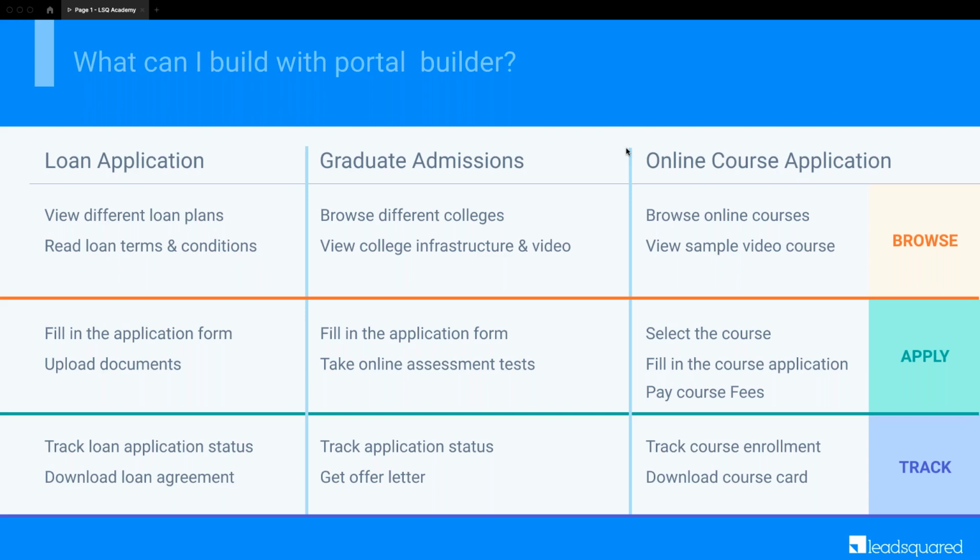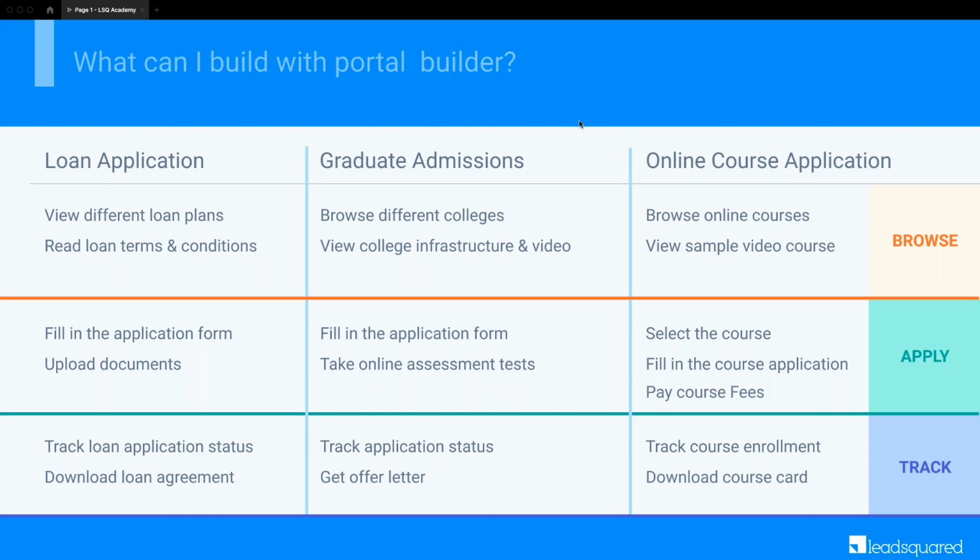In this scenario, a student would come, browse different online courses, and view a sample video from that course. Once they decide, they can select the course, fill in the application, pay the course fees, and get registered for that course. They can track the course enrollment, download their course card, and they're on their way.